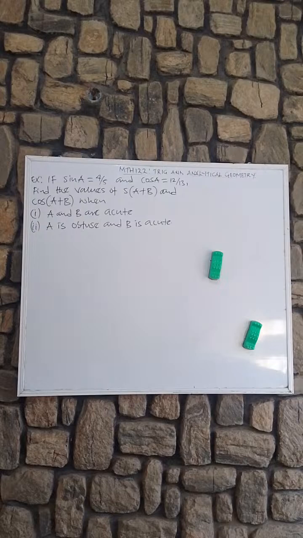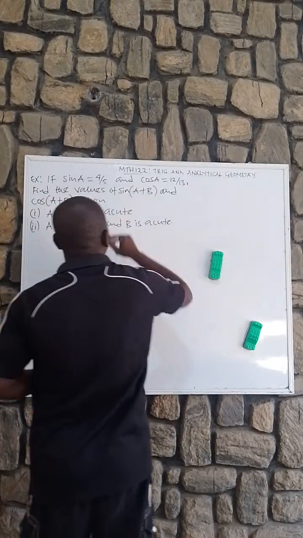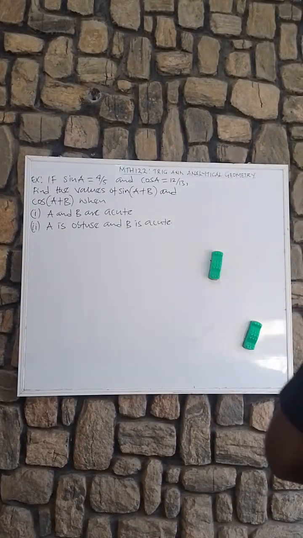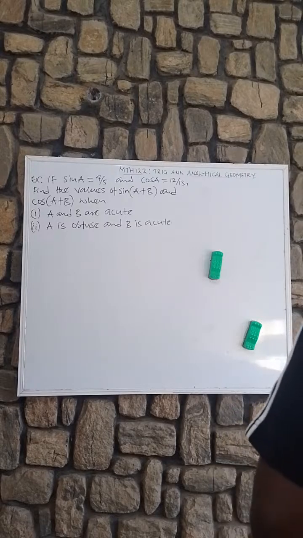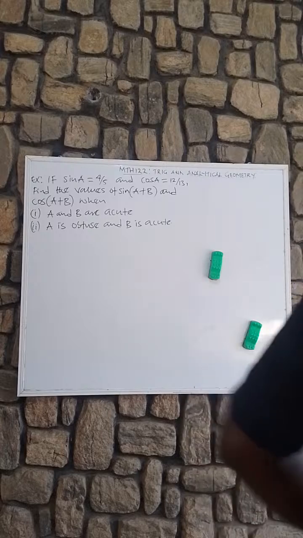It said if sine A equals 4 all over 5 and cos A equals 12 all over 13, find the values of sine A plus B, then cos A plus B, when A and B are acute, then A is obtuse and B is acute.